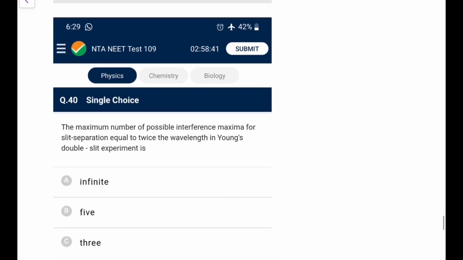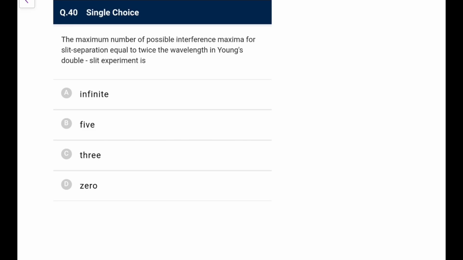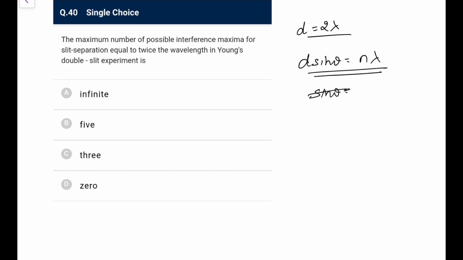Next one. The maximum number of possible interference maxima for slit separation equal to twice the wavelength in Young's double slit experiment. So what we have is d equal to 2 lambda. We know the path difference d sin theta would be equal to n lambda. Here, for maximum sin theta, n max would be d by lambda, which comes out as 2.